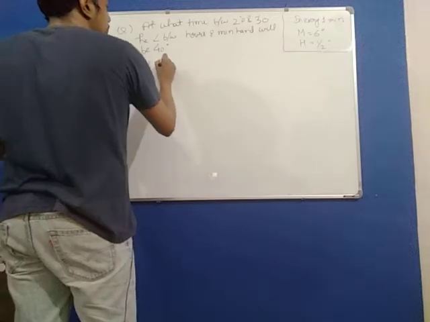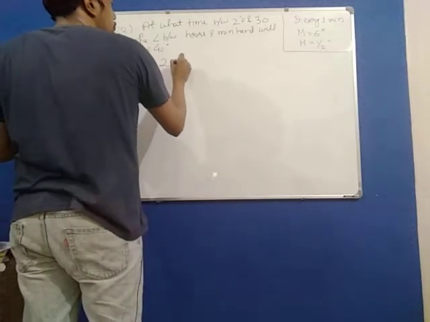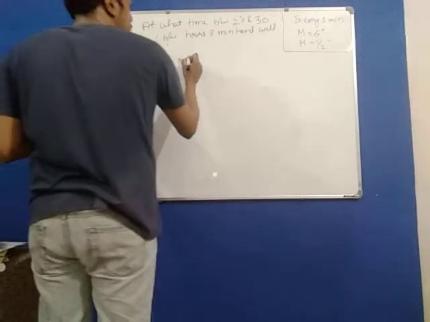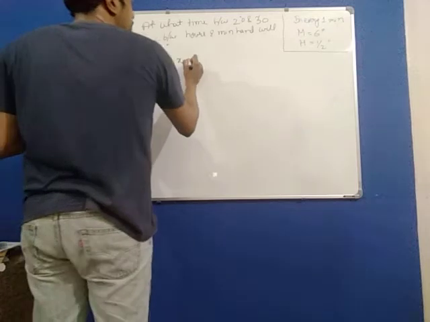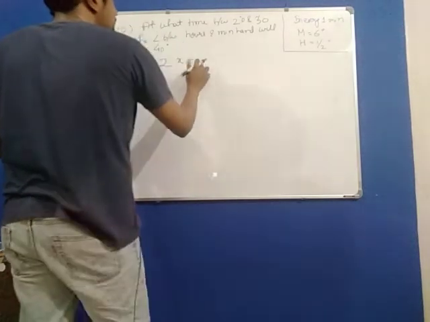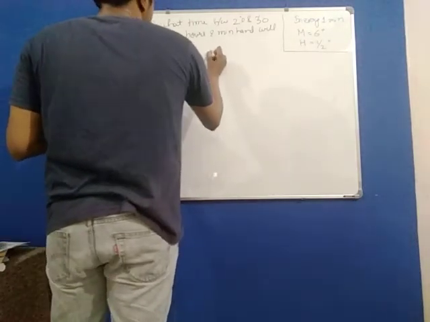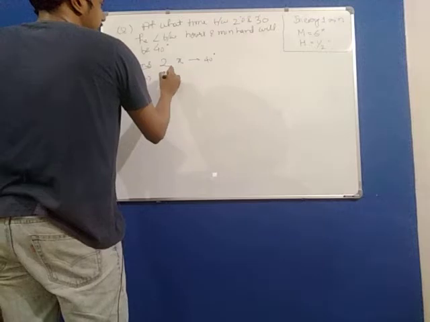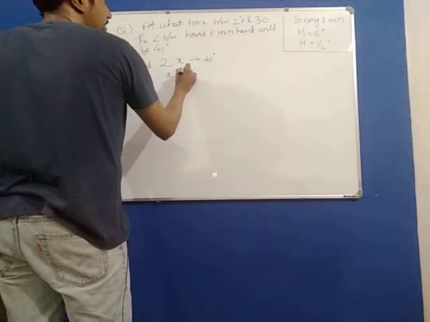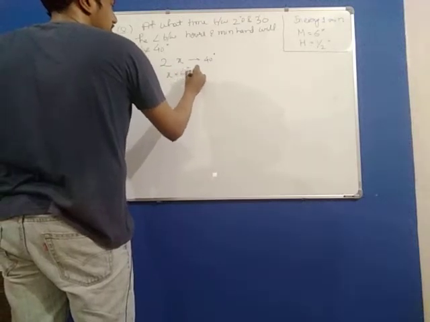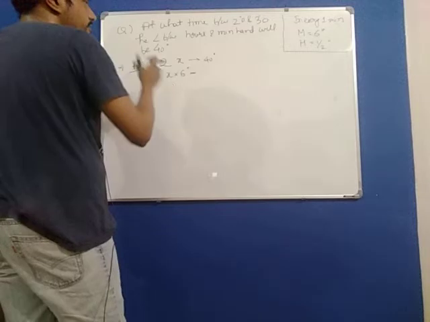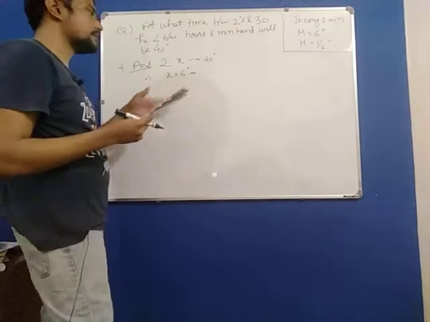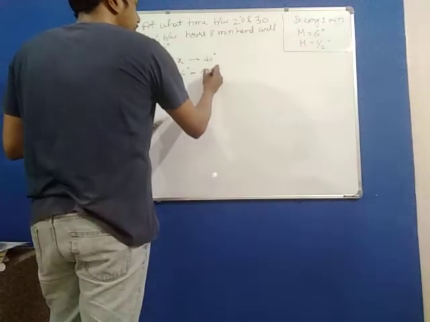Let us assume that at 2:x, that is 2 hours and x minutes, the hour's and the minute's hand angle is 40 degrees. In that particular case, x minutes is nothing but x into 6 degrees is the angle moved by the minute's hand, that is 6x.